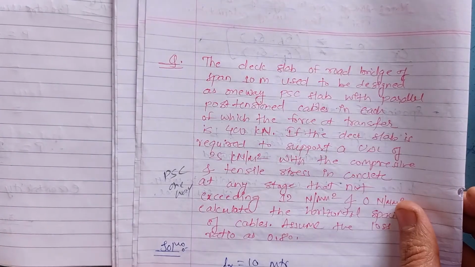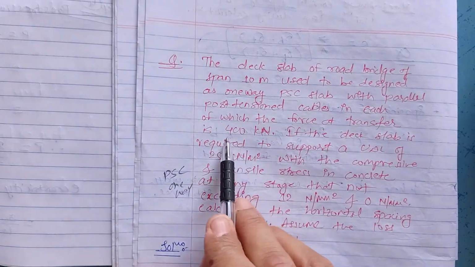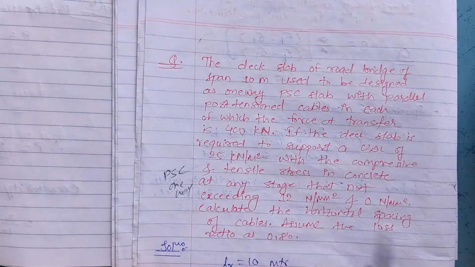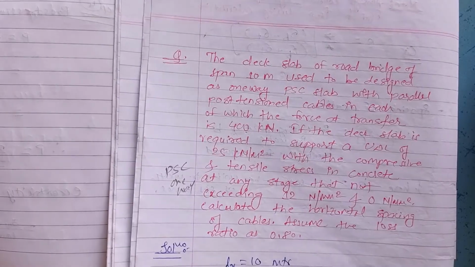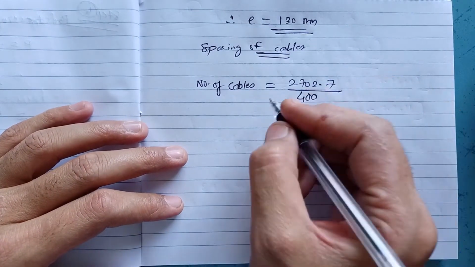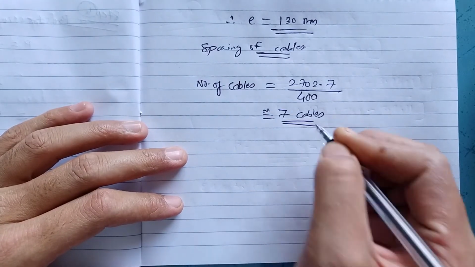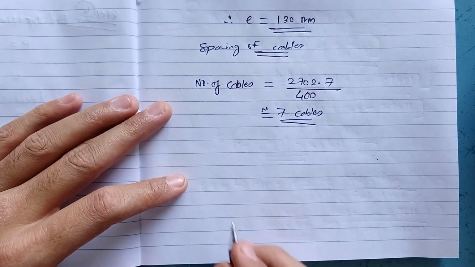Here you can see in the problem statement it was mentioned force at the transfer is 400 kilonewton. This is the force induced in a single cable. Hence, number of cables required will be approximately 7 cables.